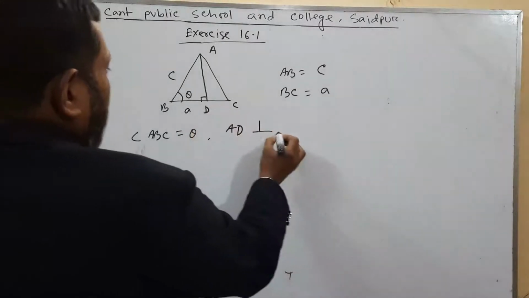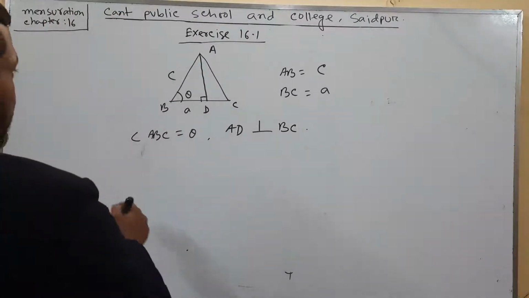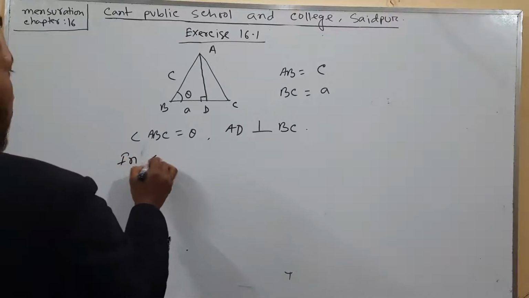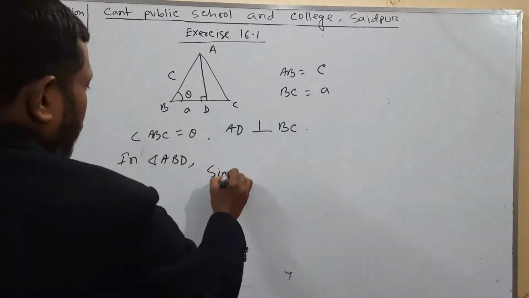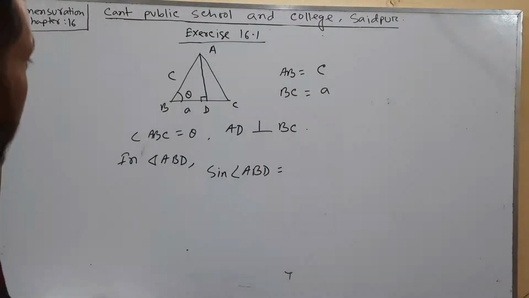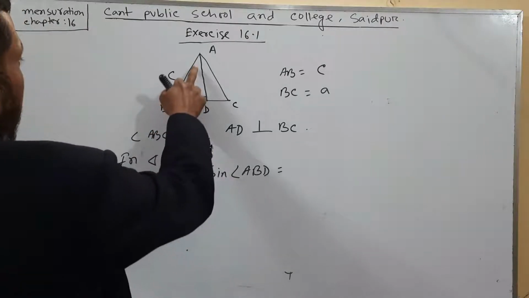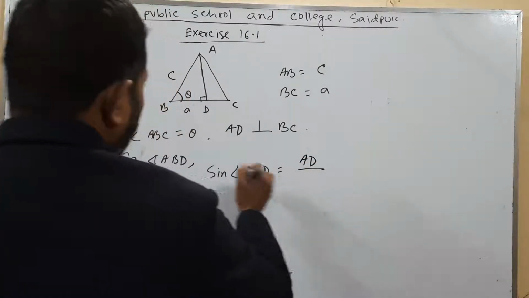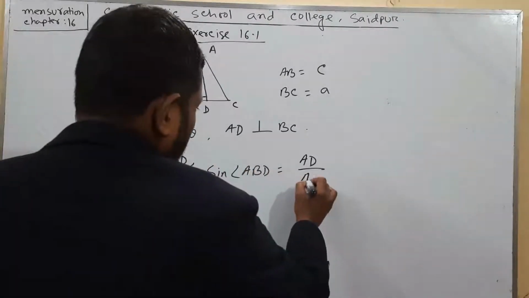AD is perpendicular to BC. We can write in triangle ABD, sine of ABD is equal to opposite by hypotenuse. Here the opposite of angle ABD is AD, and the side opposite the 90 degree angle will be the hypotenuse. Here AB is the hypotenuse.